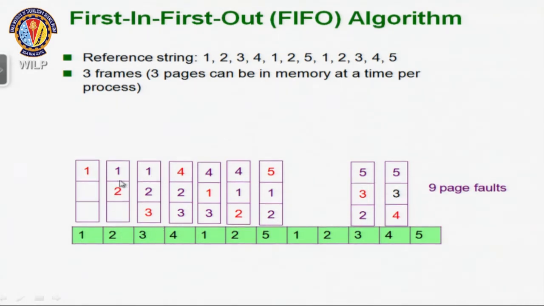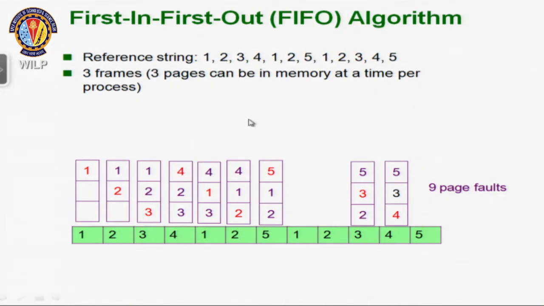So these are the 3 page faults which have occurred. Now 4: while you were executing in the third frame, you made a reference to page 4. Now all the 3 frames are filled, so we need to take a decision to replace a frame.